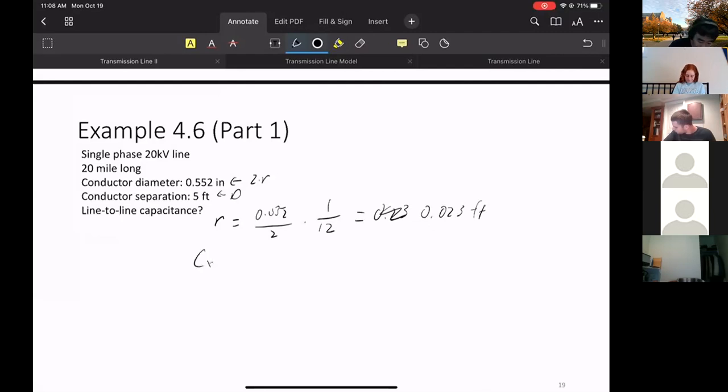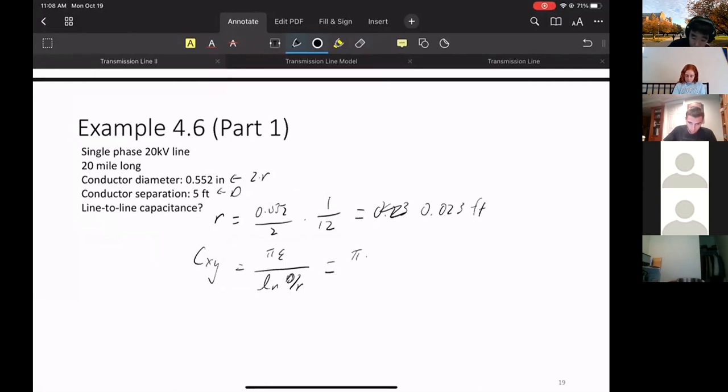So when we have Cxy, this is pi epsilon over log of D over R. Plugging the numbers, pi times 8.854 times 10 to the minus 12, over log of 5 over 0.023.